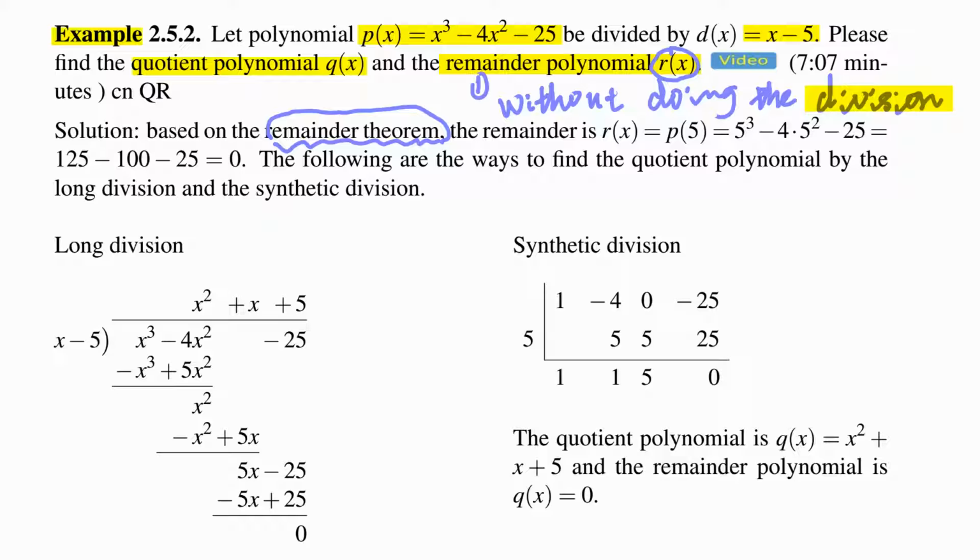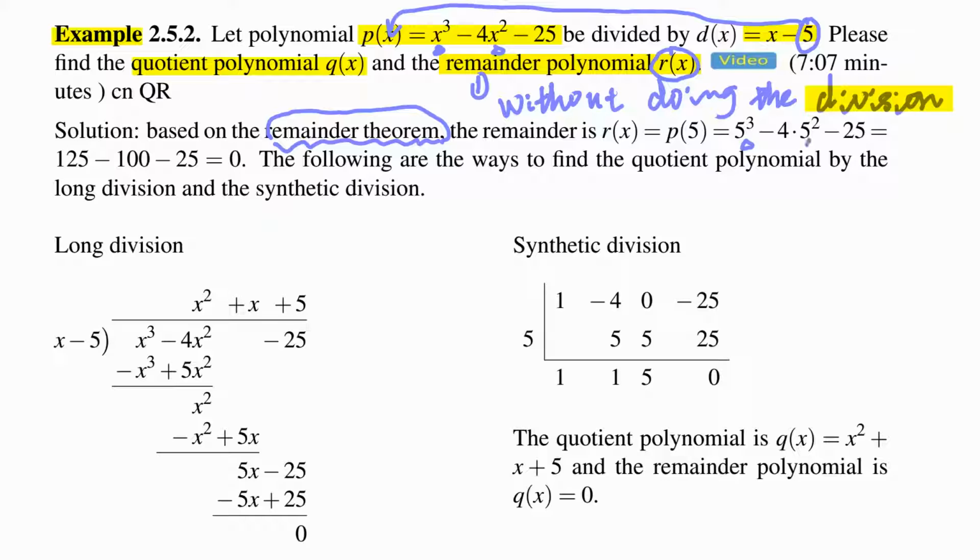By simply doing what? Simply plugging this 5 into here, or you may say these two separate places. You see, you plug in 5 here, you get 5 cubed.